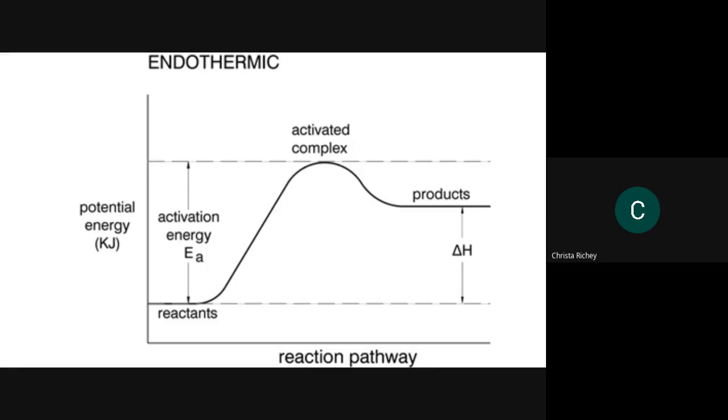And your activation is your distance between 20 and 100. So that one's not right. Your activation energy is how far it takes from your original start, whatever that is, to that hump. So it's the top of the hump minus the reactants, not zero.